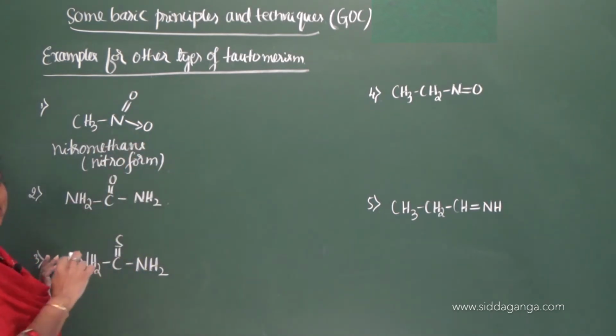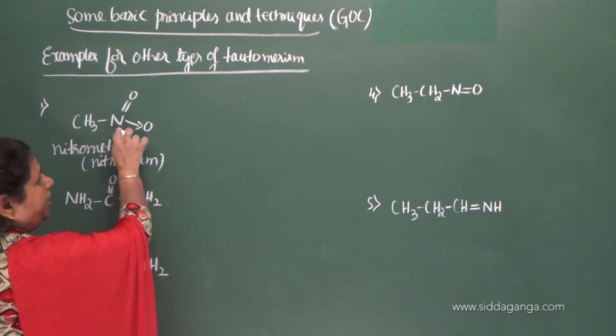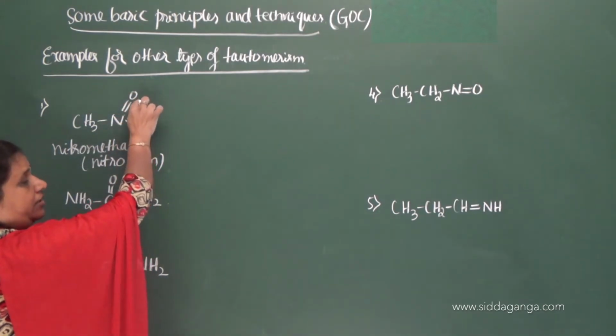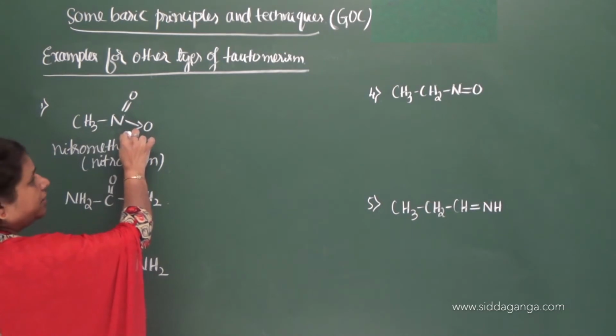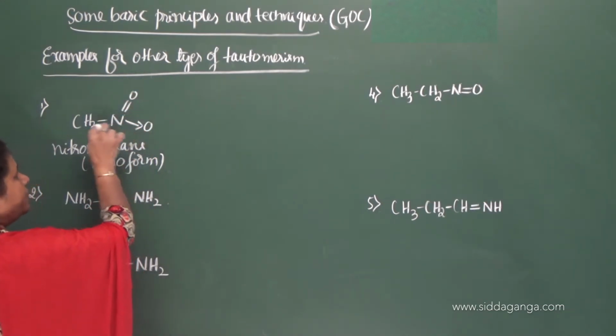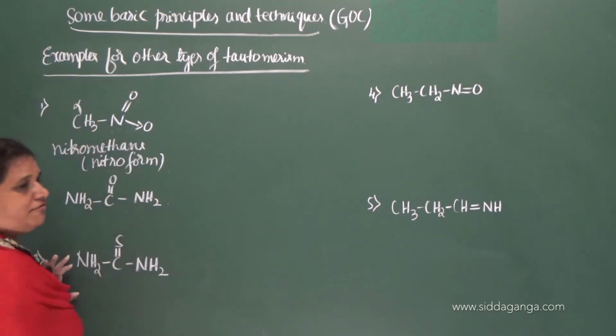Here also it satisfies the condition, because an electronegative atom is there, forming a multiple bond with another atom, and this is the functional group. Next to this we have alpha hydrogen.